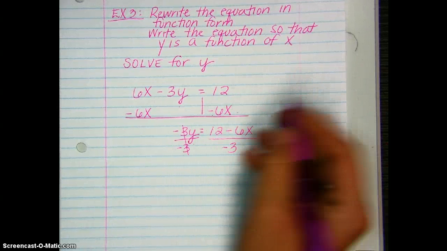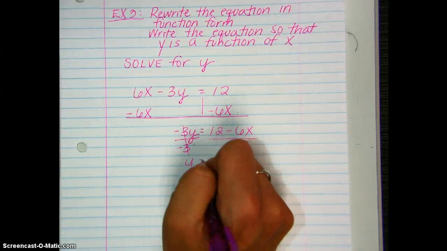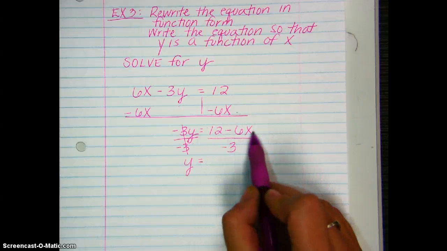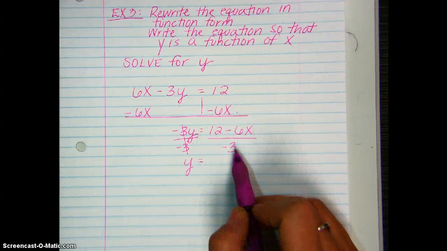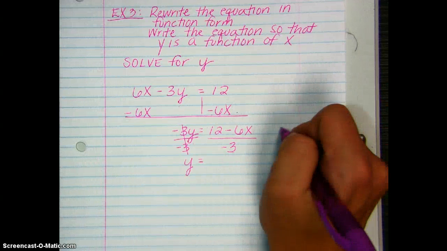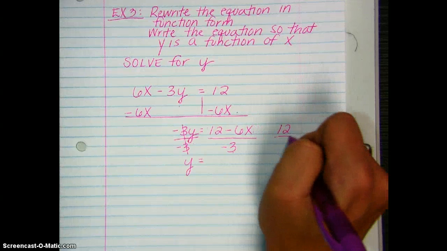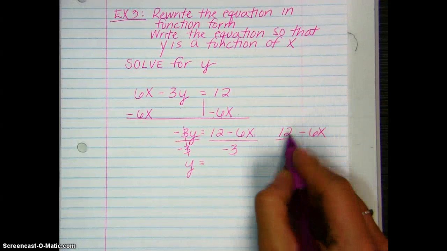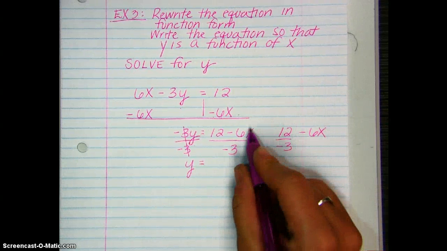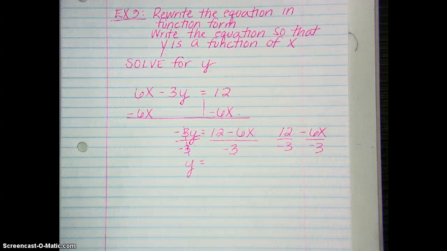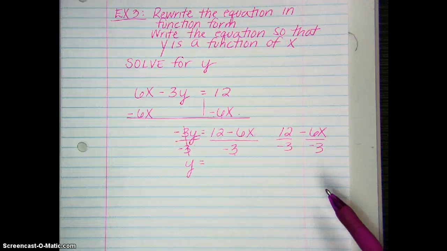Divide this side by negative 3. So the whole sum, or actually in this case, this difference needs to be divided by negative 3. Anytime that happens, it is the same as doing 12 divided by negative 3 and negative 6x over negative 3. You can think of it like that, where you're dividing every term by negative 3.